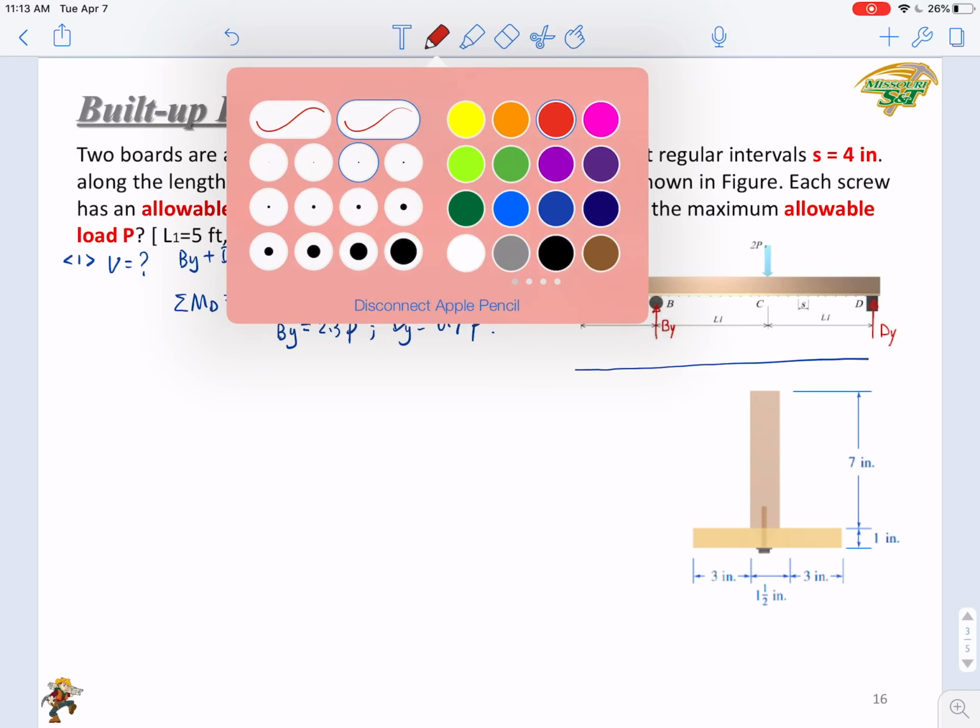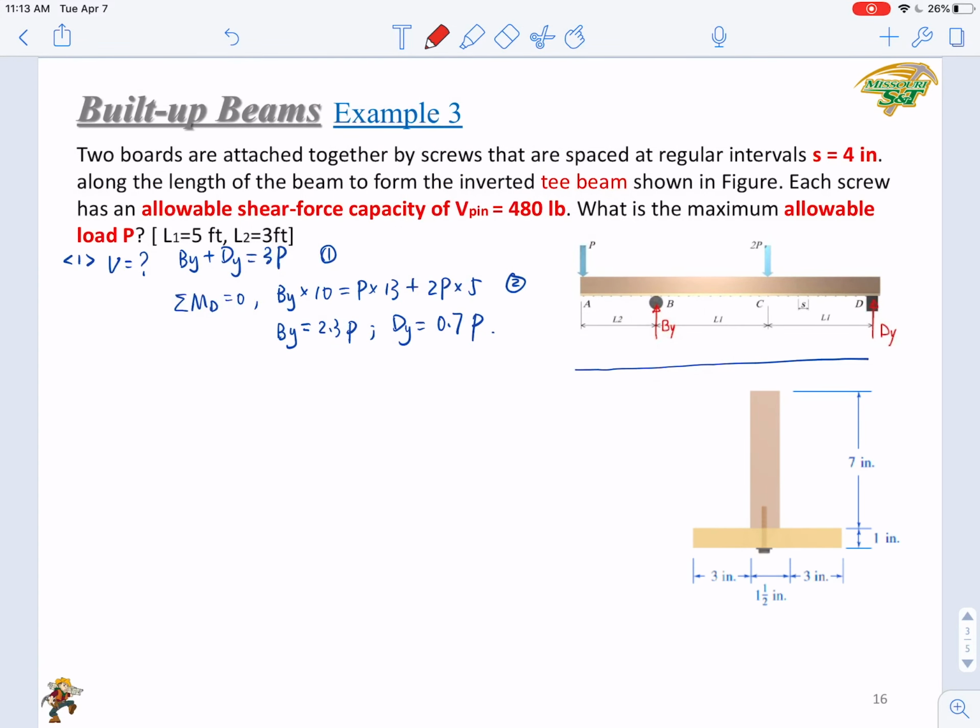Based on this result, you can draw the V diagram. The V diagram starts from here. It's a negative P, since at point A you have a downward P. Then at B you have a concentrated load, the By, that is 2.3P.